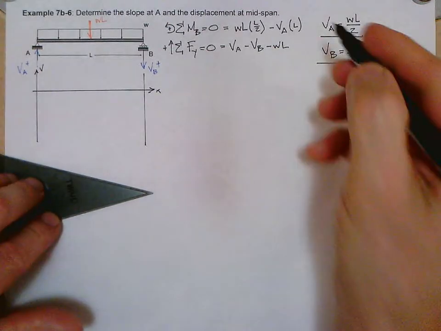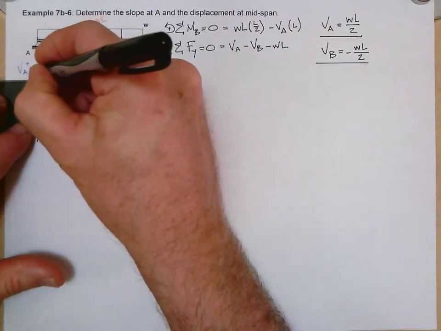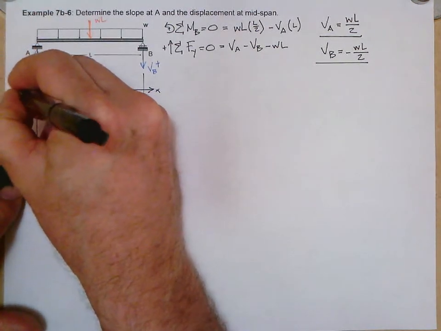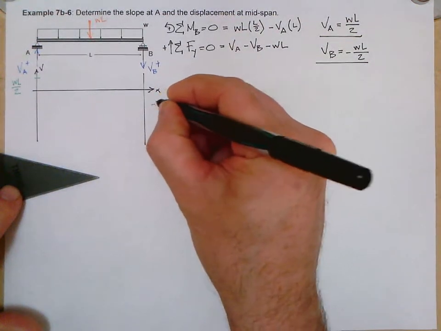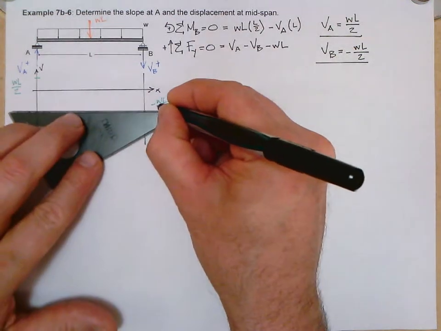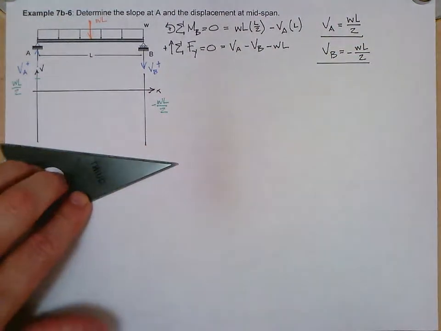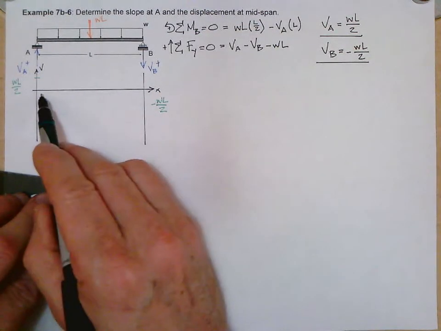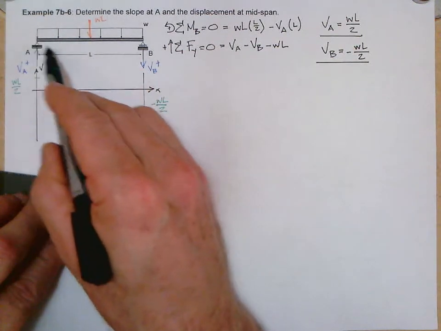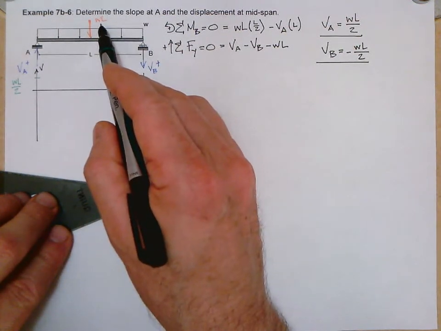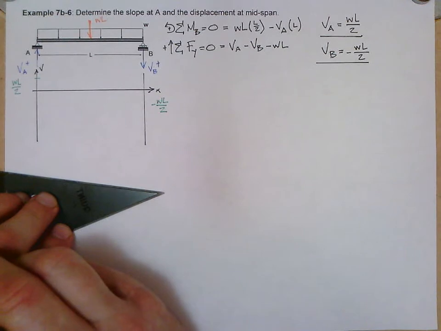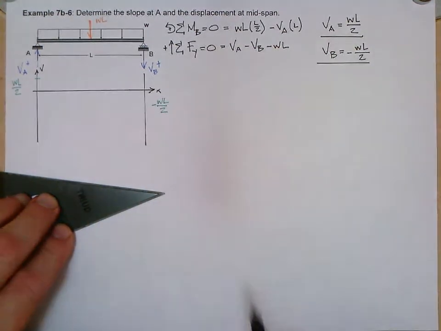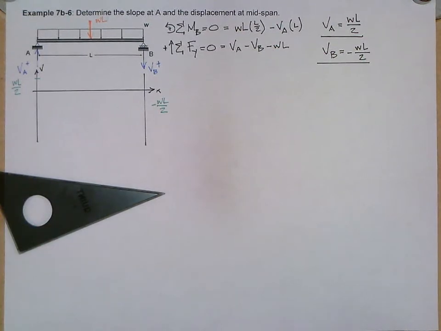So I know from my reactions that the shear at A is going to start off at WL over 2 and end at minus WL over 2. Let's see if I can get my diagram to do that. So the change in shear from left to right, we know, is the area under the load curve, which you've already found is WL. And it's down, that's negative. So WL over 2 minus the change does bring us to minus WL over 2. So that's good.